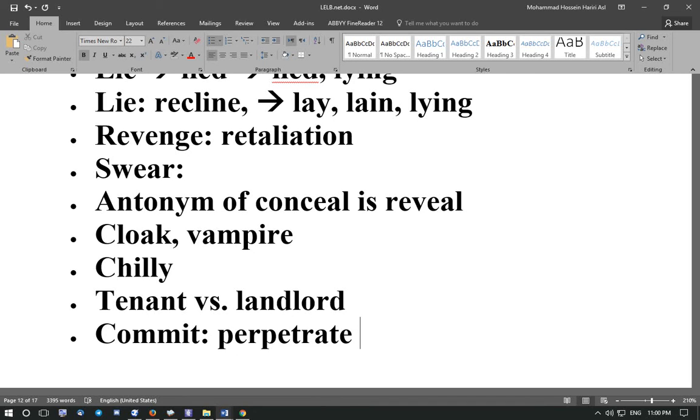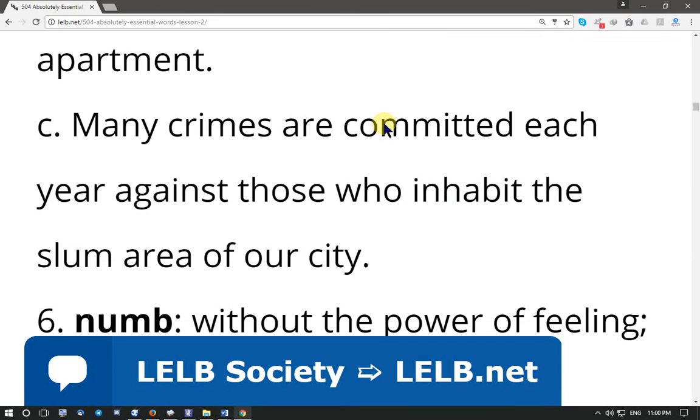When you commit something, the outcome, or let's say object, is not something really lovable or pleasant. That's why we have, for example, commit a crime, commit suicide, commit a mistake, and the same is true about perpetrate. So many crimes are committed each year against those who inhabit a slum area.